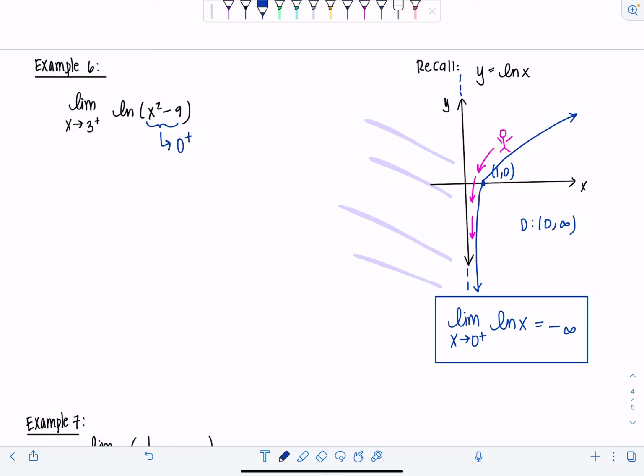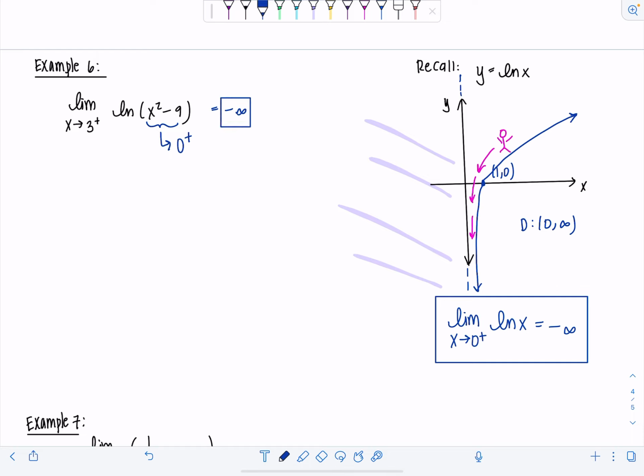So now I'm going to say, okay, what is natural log approaching if x squared minus 9 is approaching 0 from the right? Now it just reduces to the same problem that we looked at here. As x approaches 0 from the right, what is the limit of ln of x? Correct, it's negative infinity.